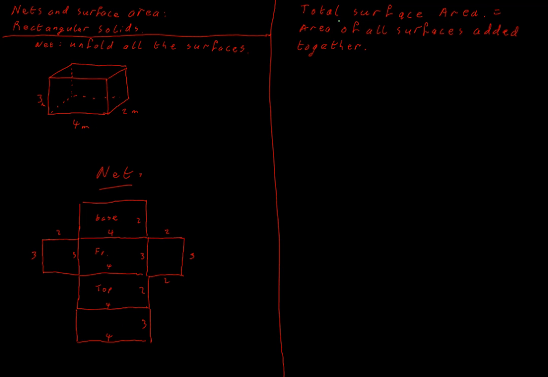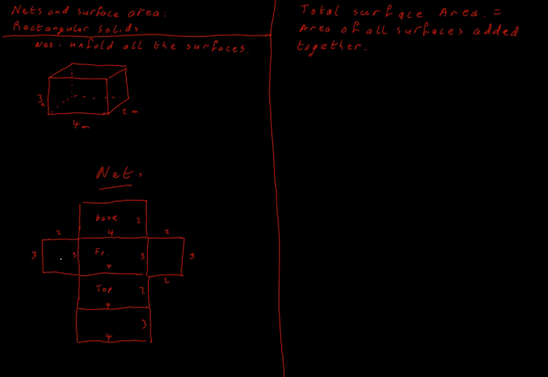And leading into that, we are often asked for the total surface area of a shape, and it just means the area of all the different surfaces added together. And we know how to get the area of each of these surfaces because they're all just rectangles. So what we're looking at is how to get the area of each surface and then add them all up.